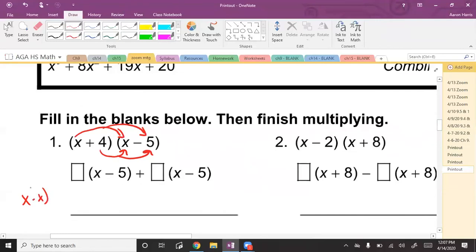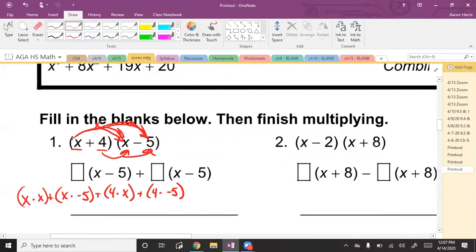X. Then I'm going to add it to x times -5. Right there, right there. That takes care of those. Plus 4 times x plus 4 times a what? -5. Notice, every term in the first one needs to be multiplied to every term in the second one.